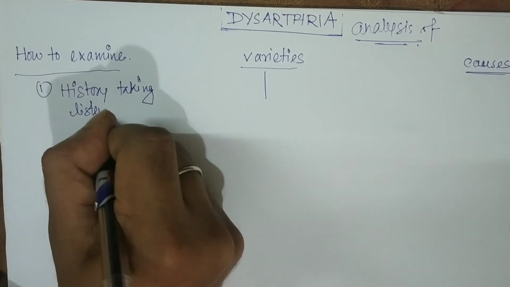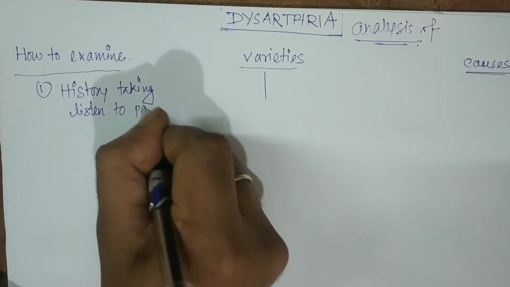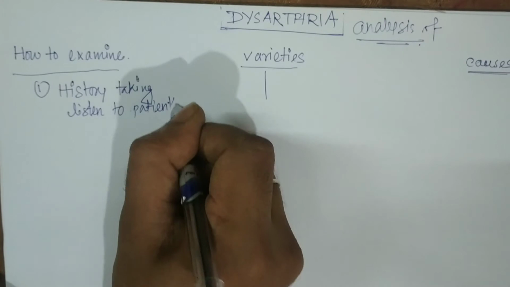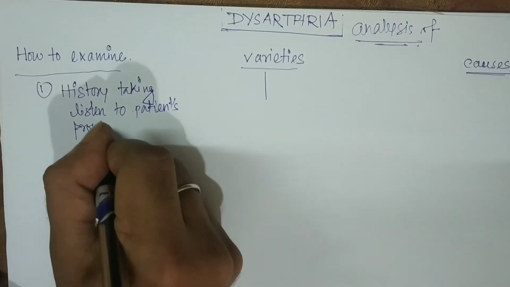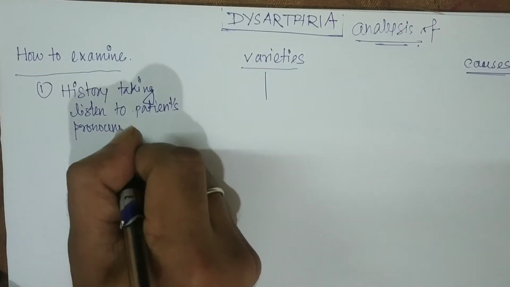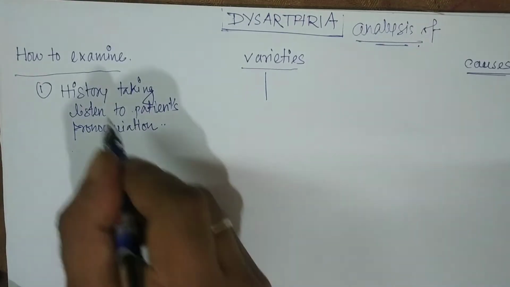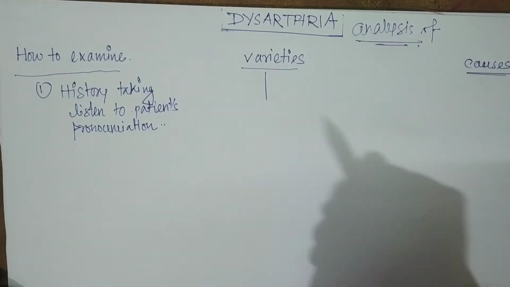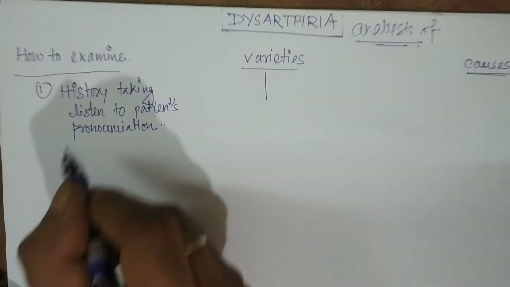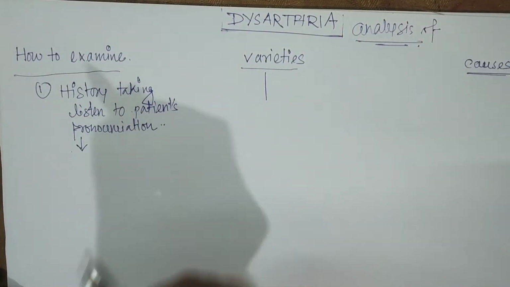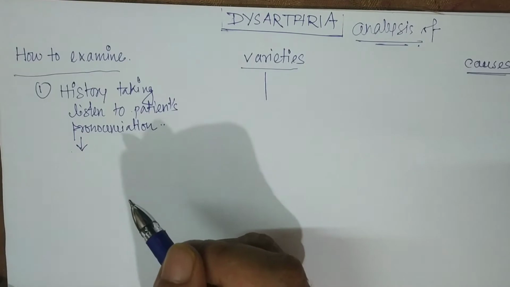Listen to the patient's pronunciation. If we find some problems in their pronunciation during history taking, then only we go on testing for dysarthria.